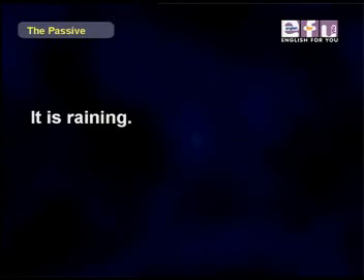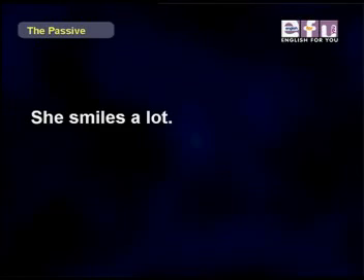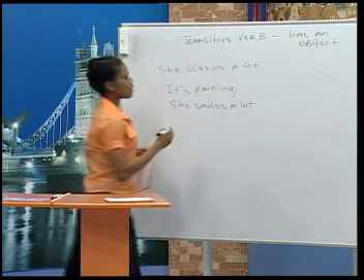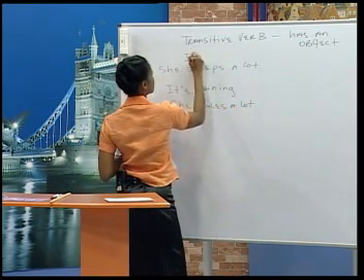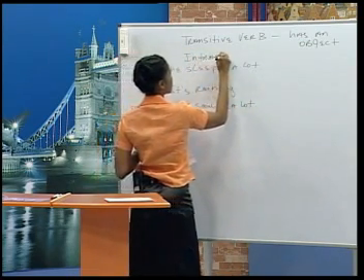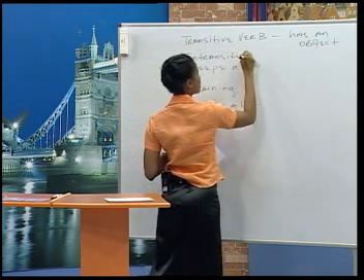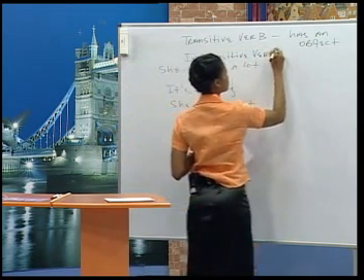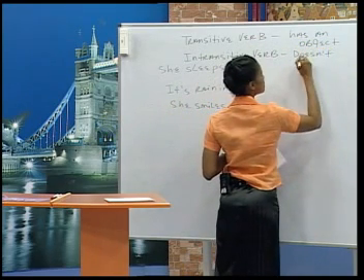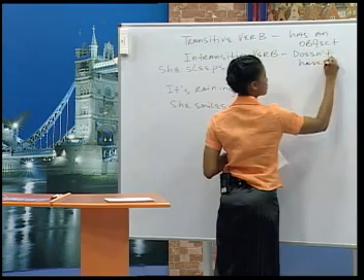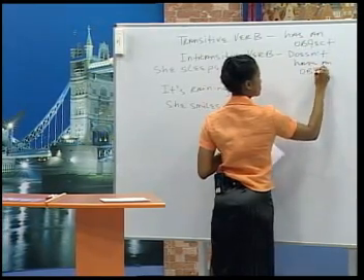Okay, good. Linda? To smile, she smiles a lot. Okay, she smiles a lot. Good examples. Now, these verbs we call intransitive verbs because they don't have an object. So an intransitive verb doesn't have an object.